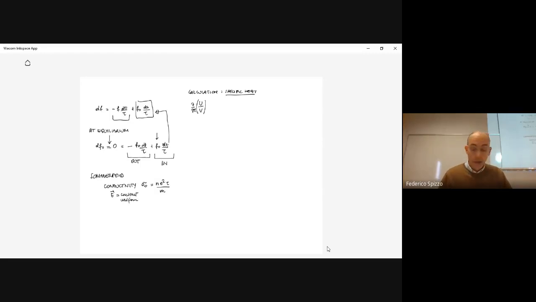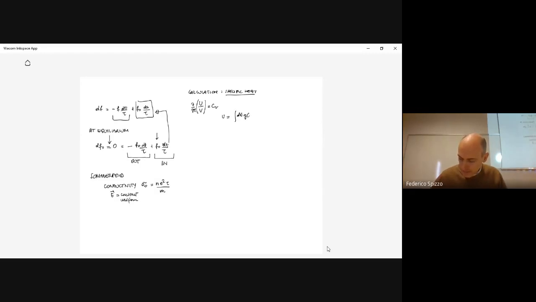In principle, if you want to obtain the exact value of CV in the case of the Sommerfeld model, you should write the total energy of the system. So if you want to evaluate U, you should write, for instance, an integral.